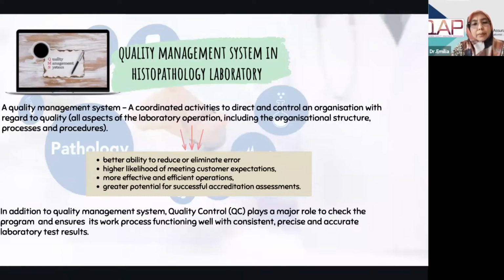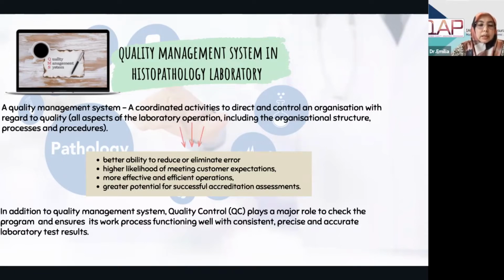Labs that have a good quality management system will be able to reduce or eliminate laboratory errors, meet customer expectations, have a more efficient operation, and also have greater potential for successful accreditation assessments.